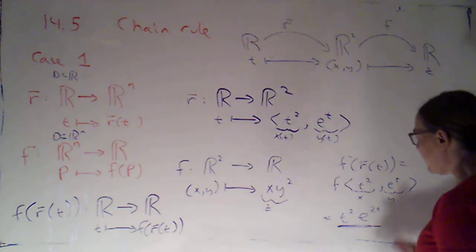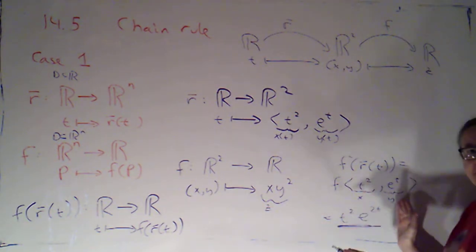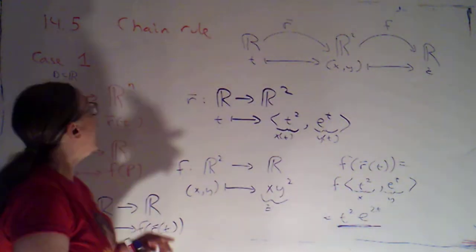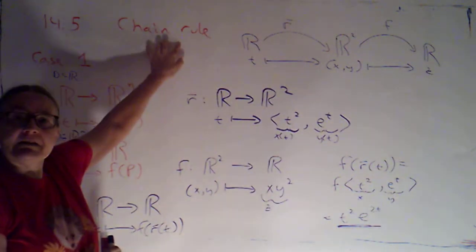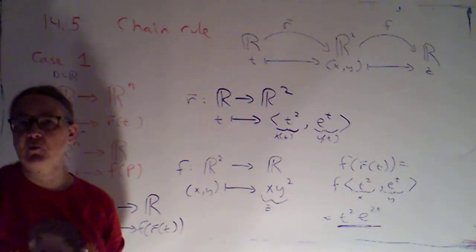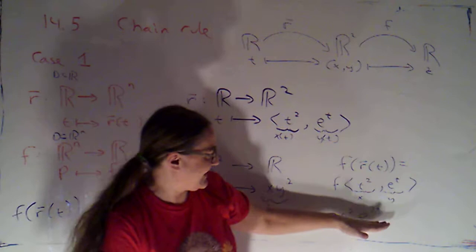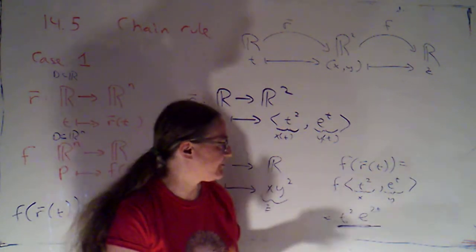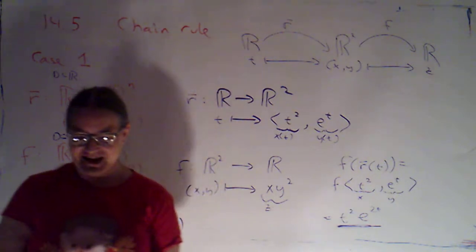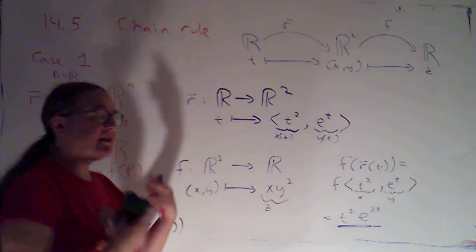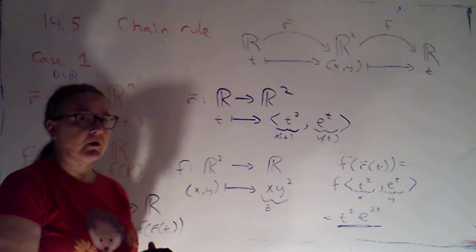Okay. Now, I could certainly just take the derivative of this using techniques from single variable calculus. But what I want to do is see if we can't use the chain rule for functions of more than one variable. Obviously, in taking the derivative of the e to the 2t part, I'd be using the chain rule for functions of one variable because that's a function composition. But I'd like to see if we can find a generalization of the chain rule.